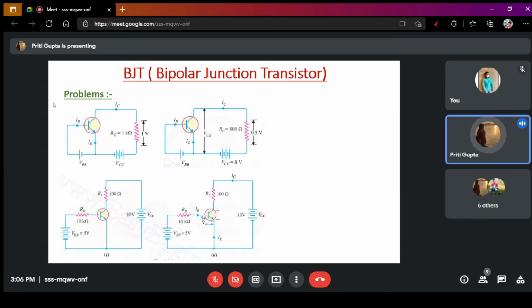Again I'm repeating, just hear me out. For a transistor, beta equals 45 and voltage drop across RC is 1 volt. Find the base current for CE configuration. Draw the figure.